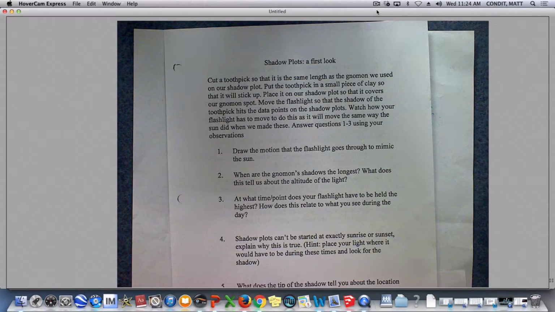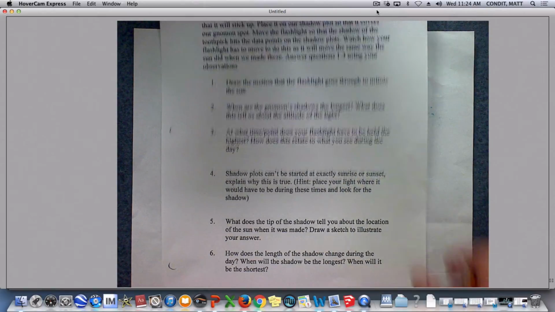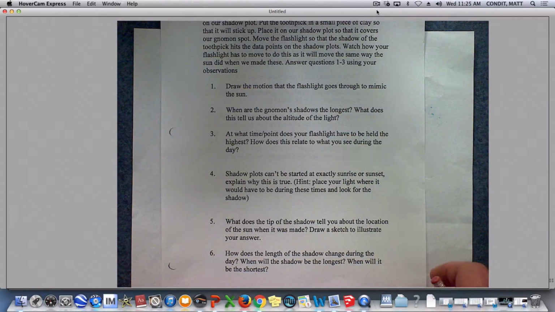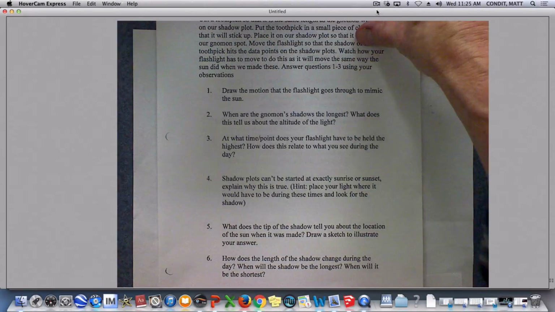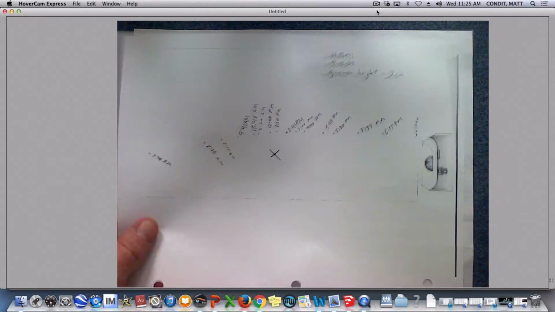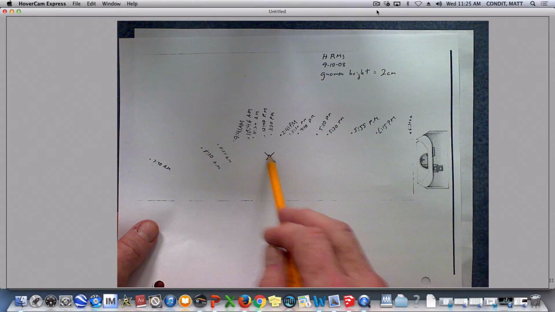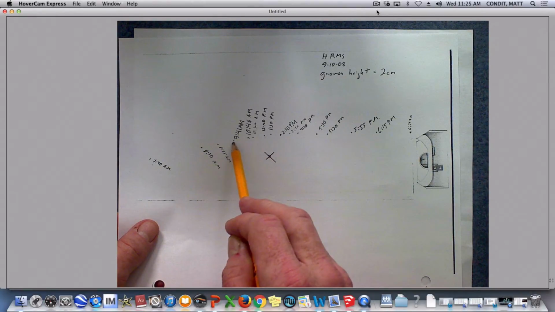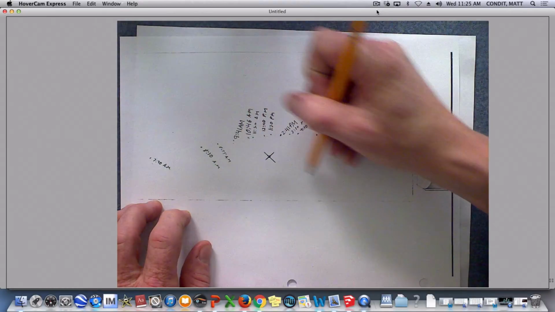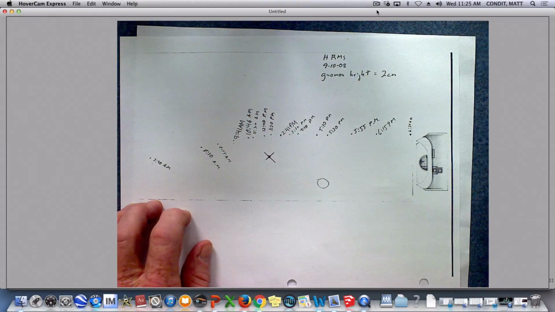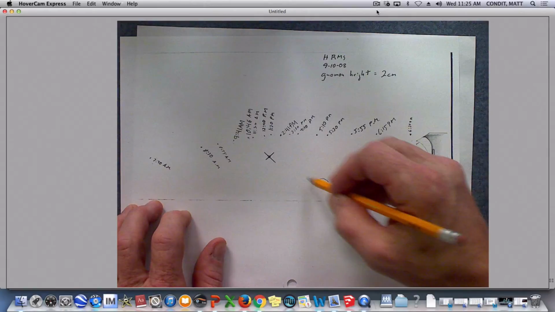Number 5, what does the tip of the shadow tell you about the location of the sun when it was made? Draw a sketch to illustrate your answer. Well, what we want to realize is that if the gnomon was here and at 9:41 a.m. it was making a shadow right there, then on a straight line opposite that is where the light source would have to be, because light travels in straight lines.